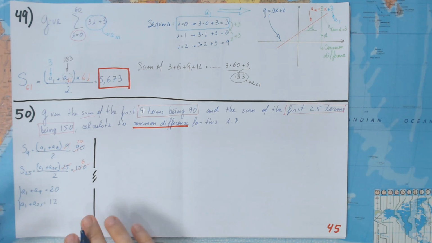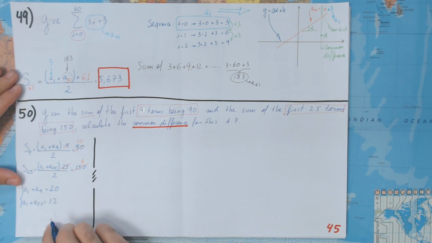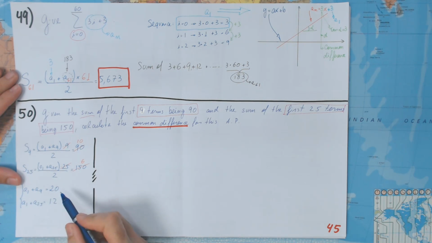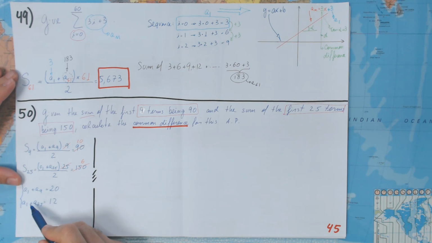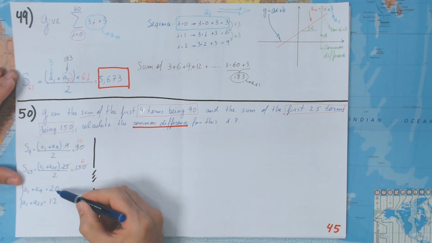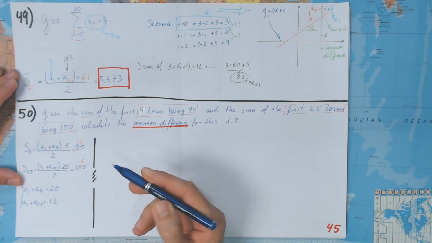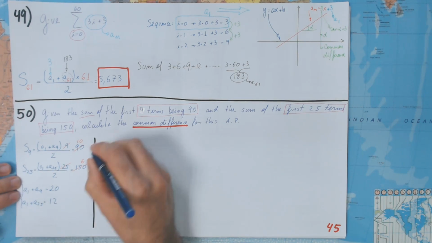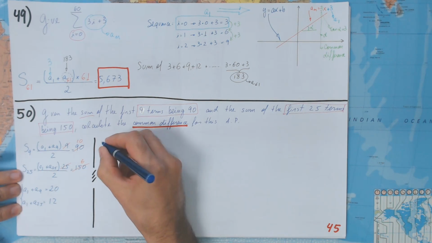I just want to see the common difference in here. So initially we have 4 variables. It is too much. We have 2 equations and 4 variables. It's impossible to solve. If I have 2 equations, I have to have not more than 2 variables to work with.